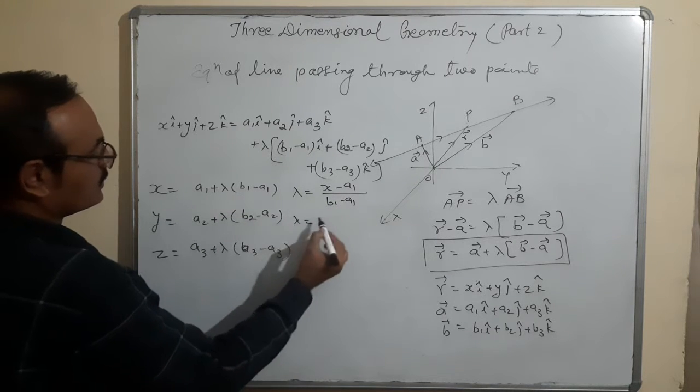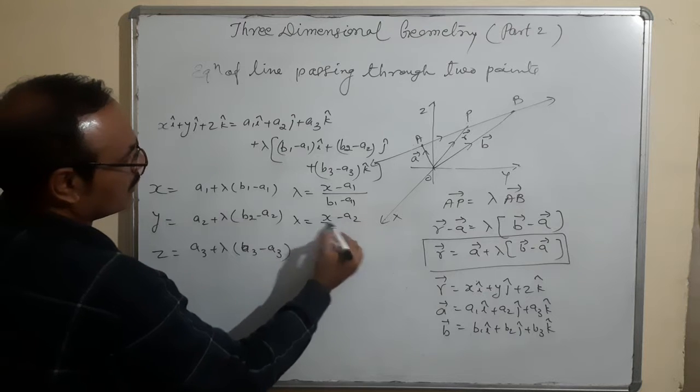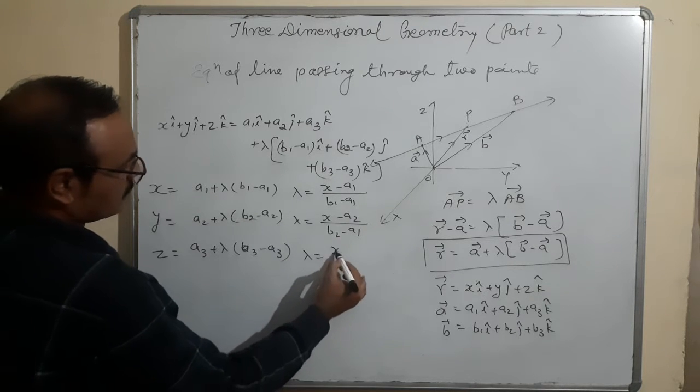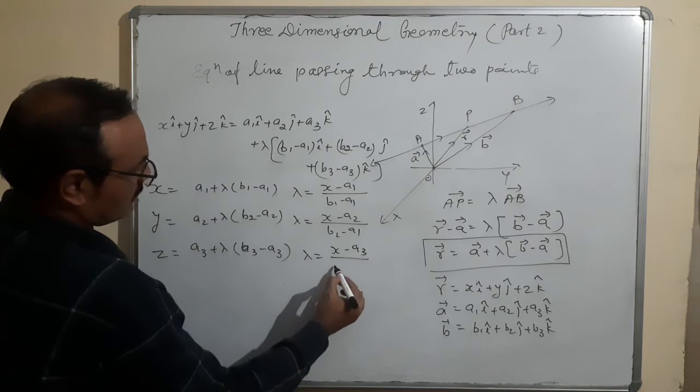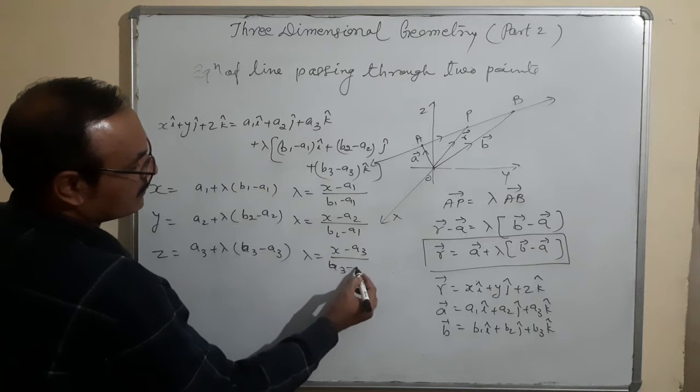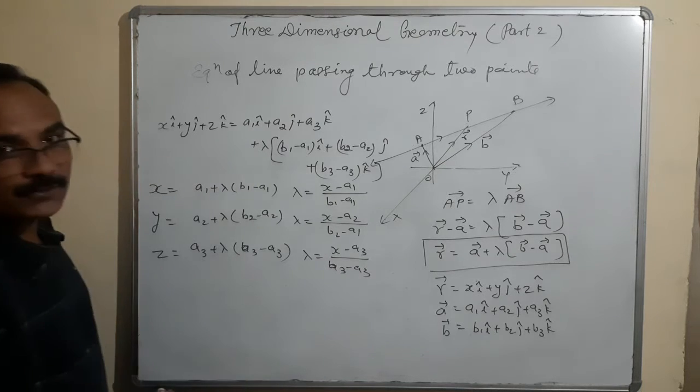Here lambda is equal to (x minus a1) upon (b1 minus a1), and lambda is equal to (y minus a2) upon (b2 minus a2), and lambda is equal to (z minus a3) upon (b3 minus a3). Is it okay?